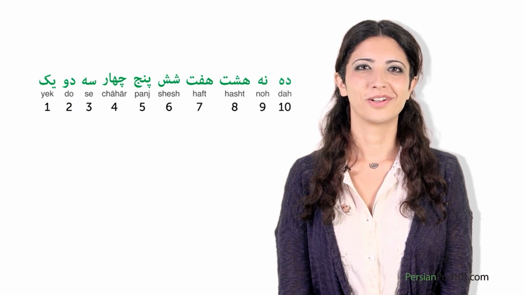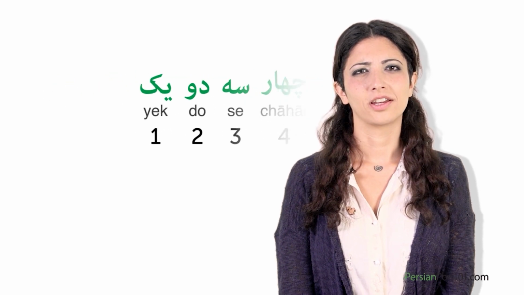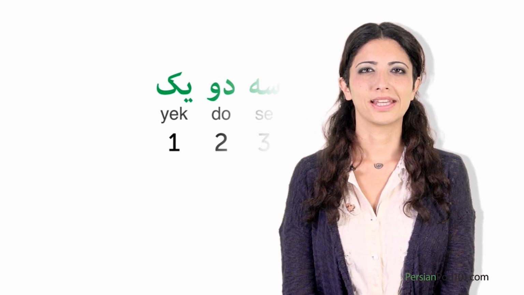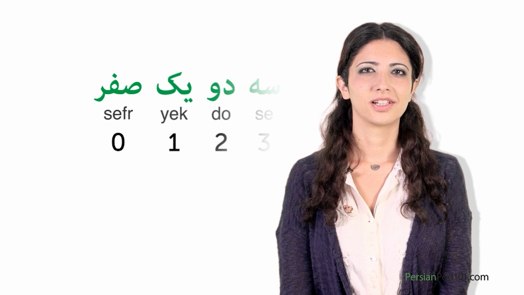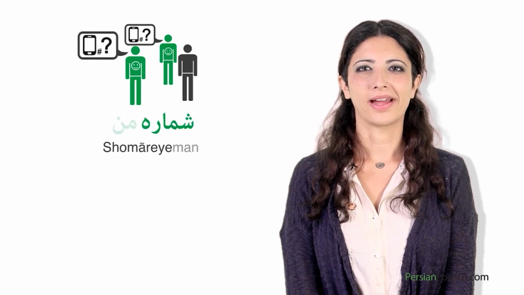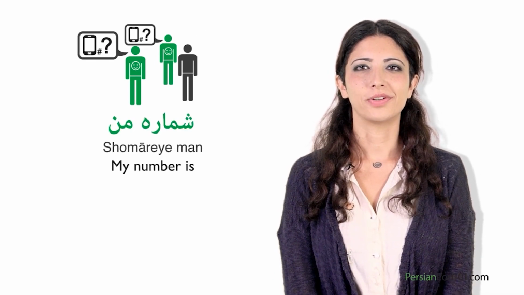Great job. What is before yek? Do you know? It's sefr. Sefr. You don't have any more excuses. You can give your friends your cell phone number in Persian. Let's try it together. We'll use the phrase shomareye man, which means my number is.